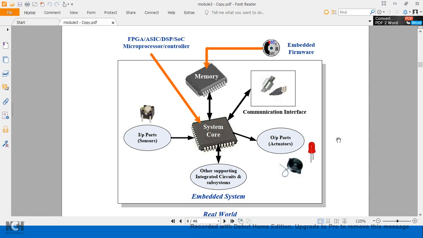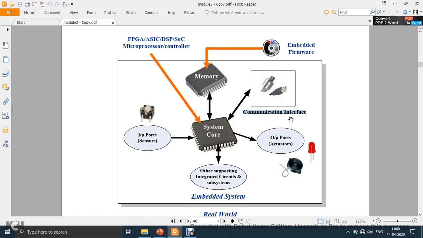In the previous lecture we discussed communication interfaces, and in communication interfaces we discussed onboard communication interfaces. As I told, there are two categories in communication interfaces: onboard, which is internal, and offboard, which is external.